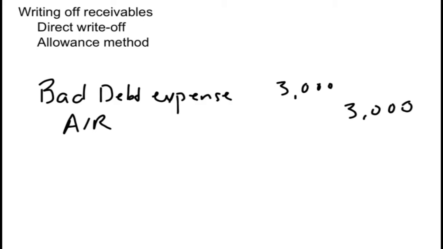Before we do the allowance method, let me give you another circumstance. You got that notice, it's bankruptcy, we've written the account off, and let's say it's two years later, and that individual suddenly has sent you $3,000.